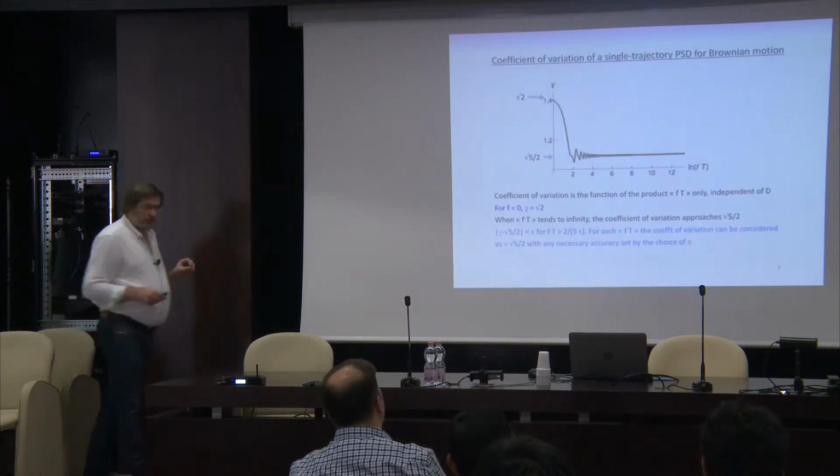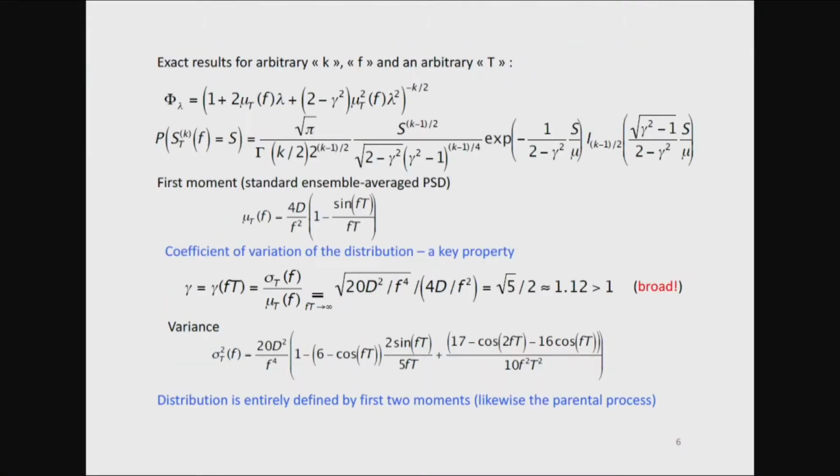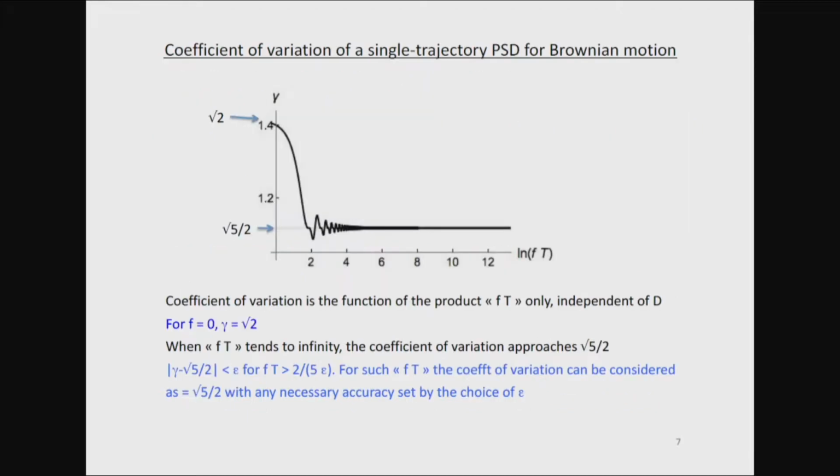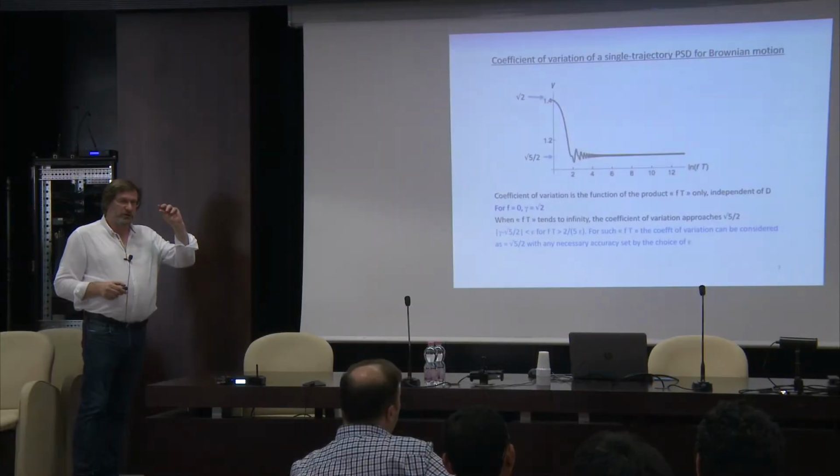Now let us focus on this parameter gamma. As I said, it is a key property because it enters here, and we want to understand how the coefficient of the quadratic term behaves as a function of frequency. We plot here gamma as a function of the logarithm of frequency times observation time. We see that it starts at square root of 2, jumps and oscillates around square root of 5 divided by 2, and these oscillations fade out.